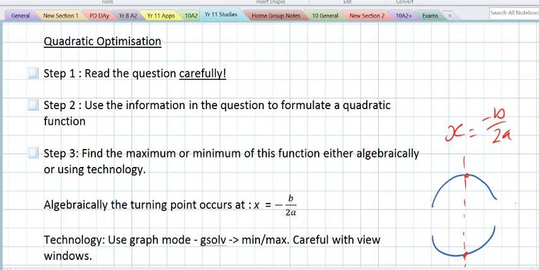So if you want to find the exact location of the vertex or turning point, you need to substitute the minus b on 2a into the equation for y, and that will return your y value.